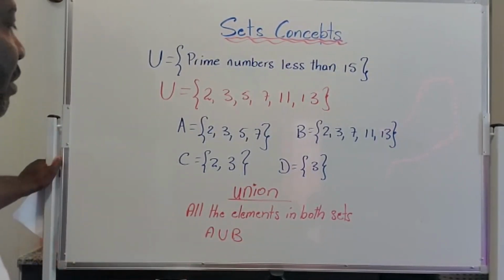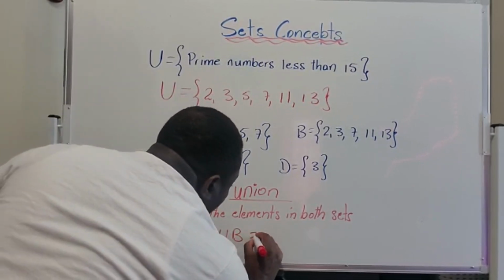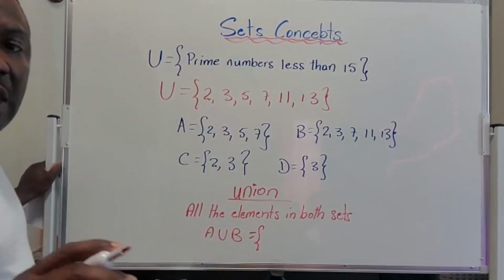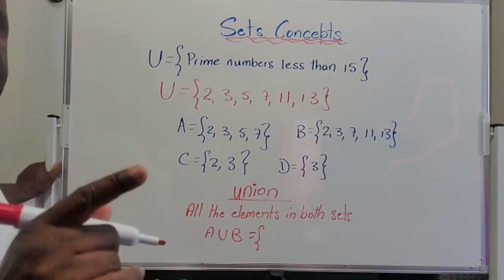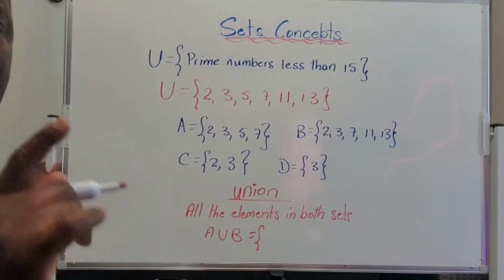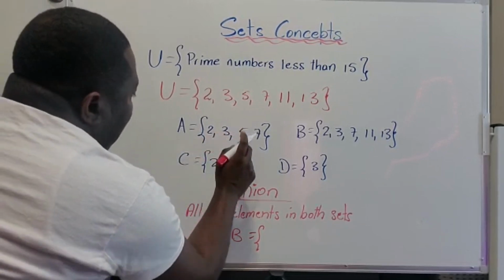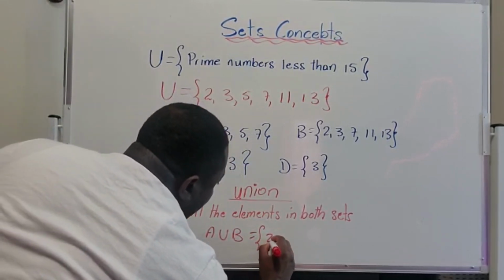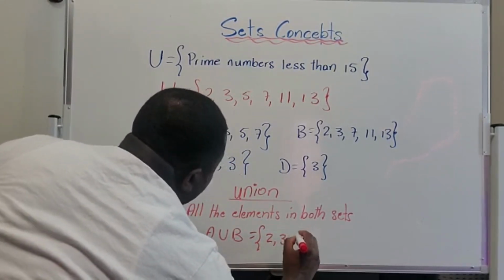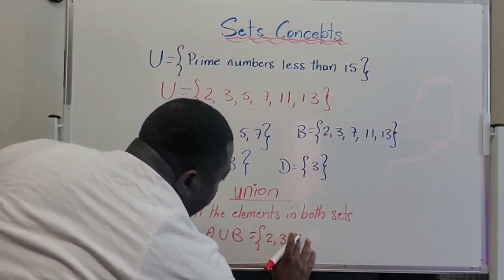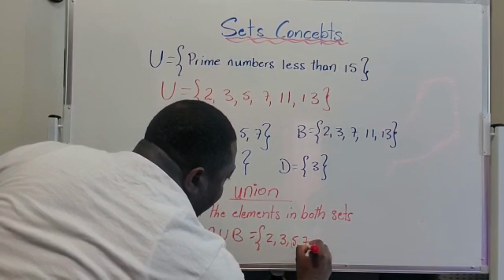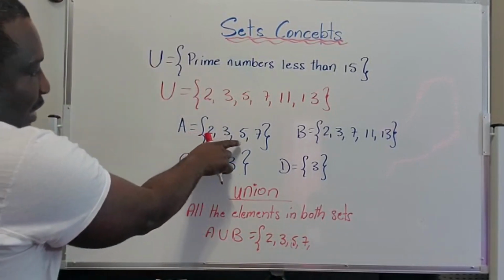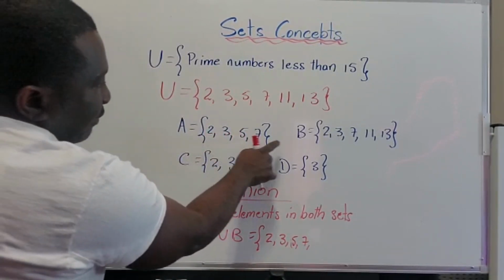So A union B, we are looking at all the elements that are in A as well as the elements that are in B. And remember also that we don't repeat an element or member. So let us list the elements in A: 2, 3, 5, 7. Are there any elements that we missed?